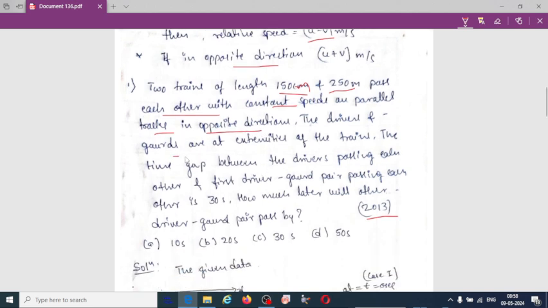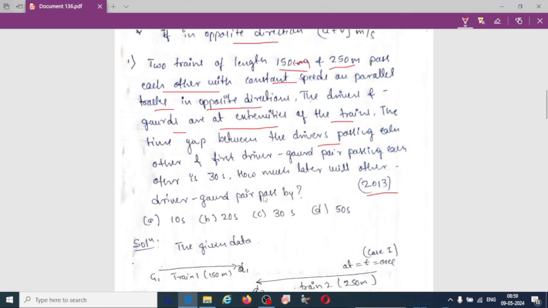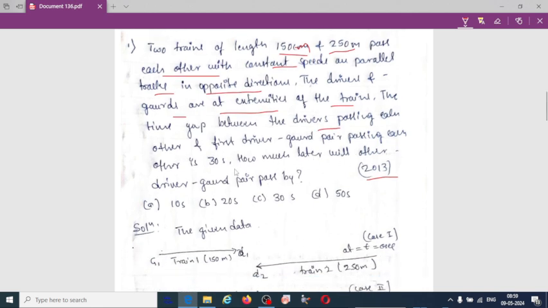The driver and guard are at the extremes of the train. The time gap between the drivers passing each other and the first driver-guard pair passing each other is 30 seconds. How much later will the other driver-guard pair pass?